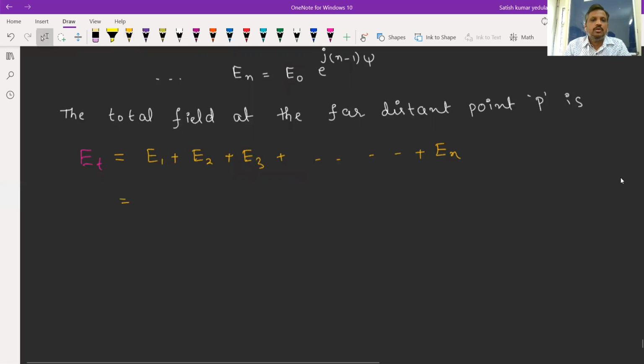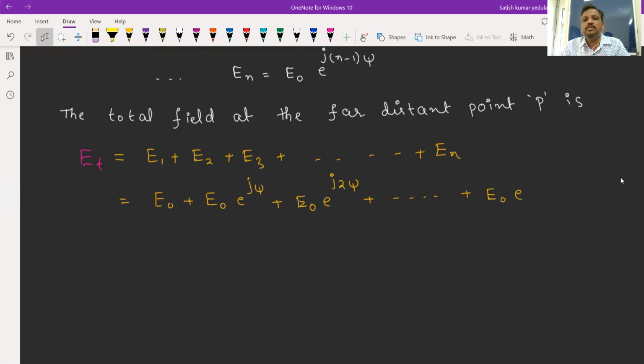ET will be equal to E naught e power j0, that is anyway 1, plus E naught into e power j psi plus E naught into e power j2 psi plus so on, En is e power j into (n minus 1) into psi. What is common in this is E naught.